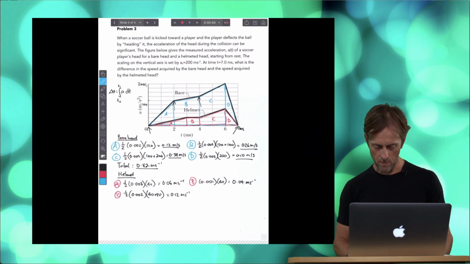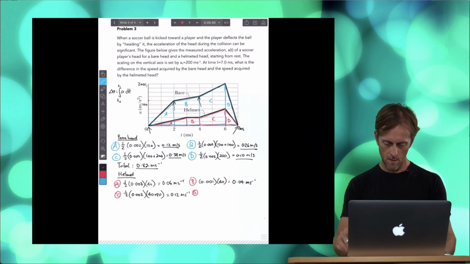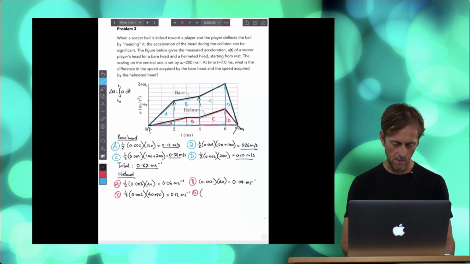And one final area, area D, is another triangle with a half base times height. So I'll just erase that.